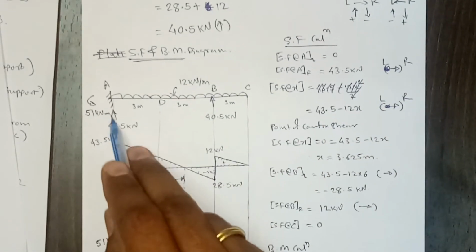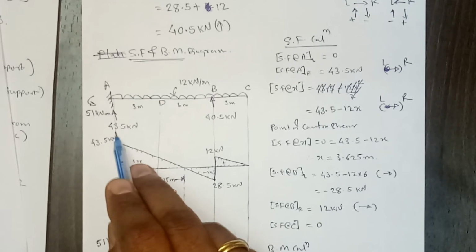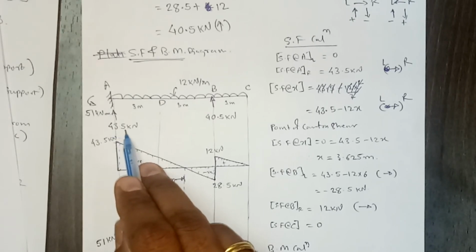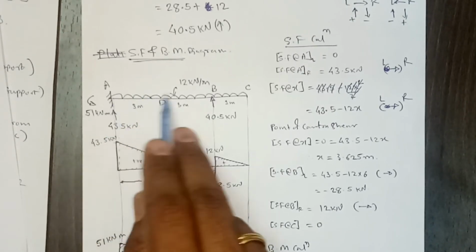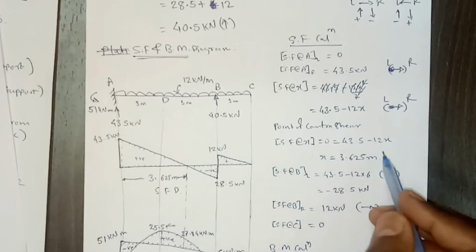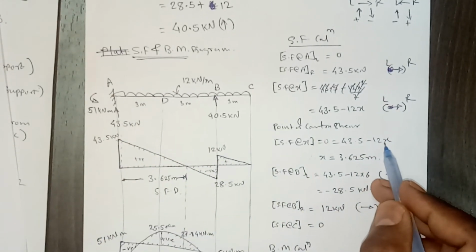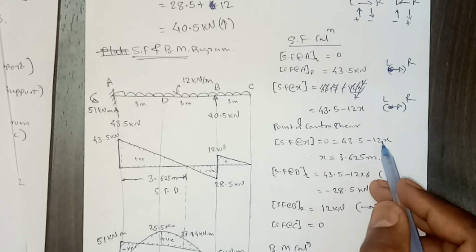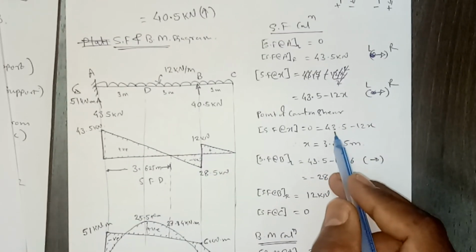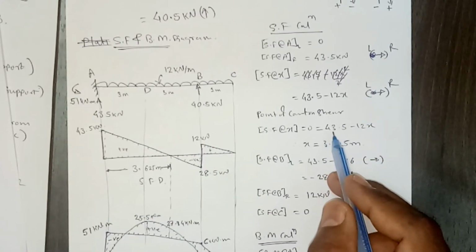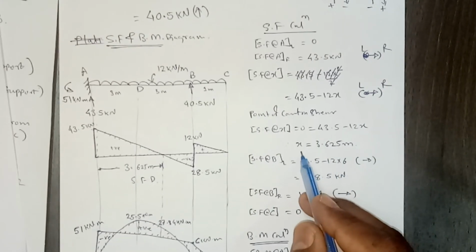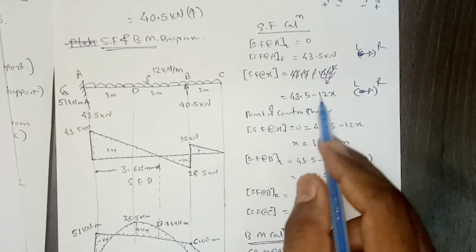On the left hand side we have this one reaction, 43.5 kilonewton, and then the UDL, there is no other force. So load due to UDL will be 12 into x, because we are calculating at any distance x, right? And then the vertical reaction is 43.5. So sorry, this is the equation.